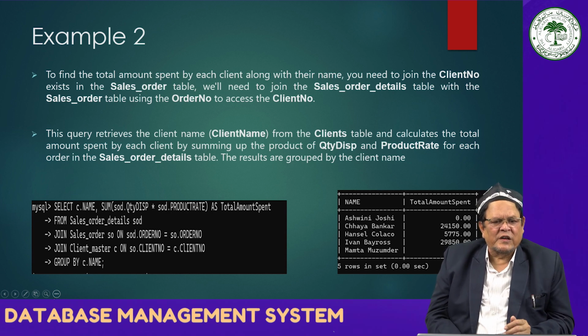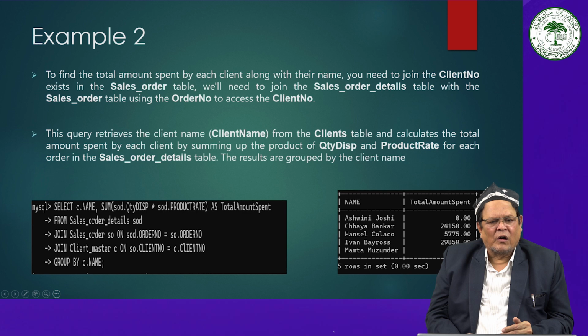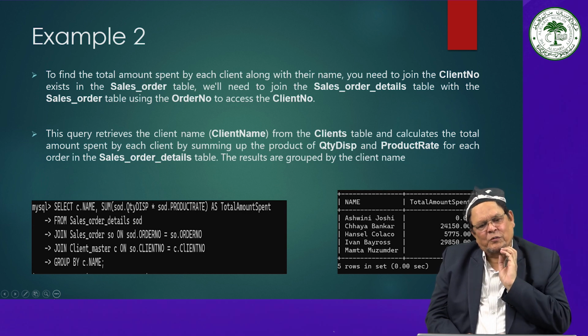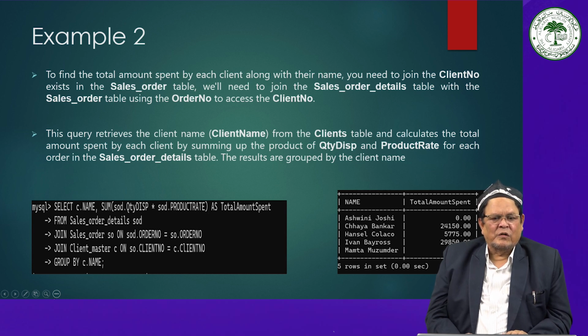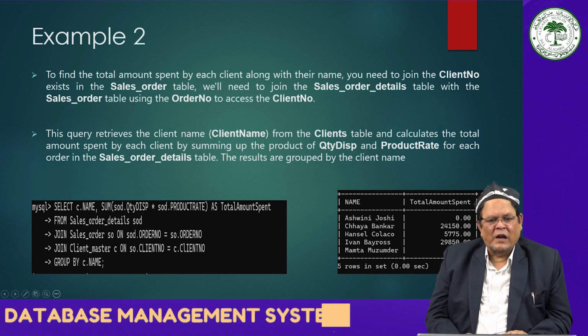From which table? From sales order detail SOD. Then you have to join sales order SO on SOD.order number and SO.order number. Then you have to join client master C on client number from SO is equal to client number from C. Then group by name.